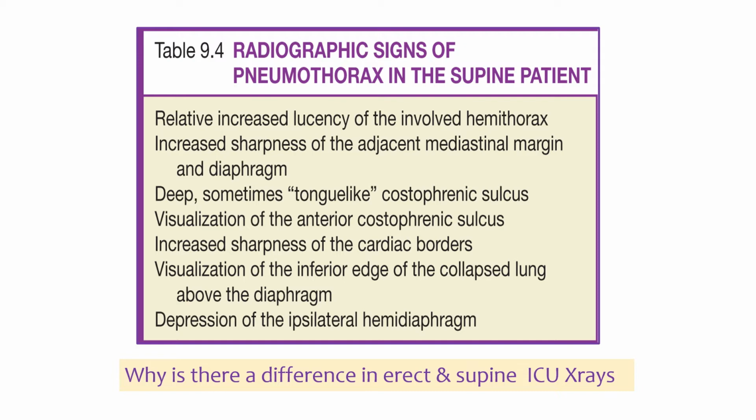In the erect position, it moves towards the apex, and in the supine position, it moves up anteriorly and into the recesses above the diaphragm and into the costophrenic angles. So that is why the X-ray looks different in the supine patient with a pneumothorax and different in an erect patient with a pneumothorax.